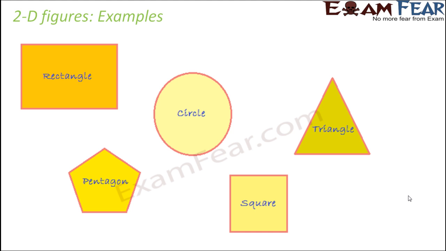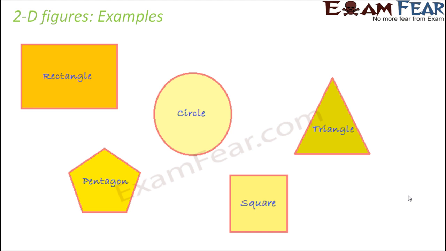If you keep that bottle of water on a sheet of paper, what happens? Does it lie along the sheet of paper? No. It stands protruded out of the sheet of paper. That's because of the height of that bottle. That height is the third dimension which doesn't get accommodated on that sheet of paper. So that's how we can distinguish that the bottle of water is not two-dimensional but three-dimensional.